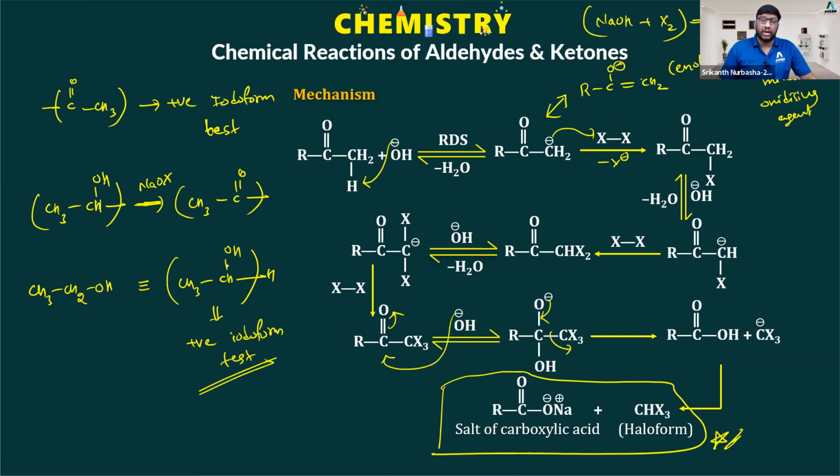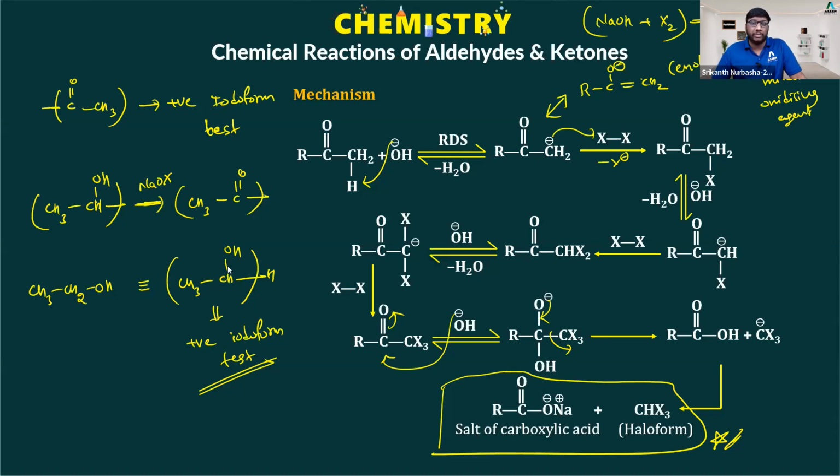The alcohols which have a CH3 CHOH group can be converted to CH3 C double bond O because NaOX is a milder oxidizing agent. It will convert the alcohols to respective carbonyls only, not the acids. So the alcohols which can be converted to carbonyls containing the CH3 C double bond O group can also give the positive iodoform test.